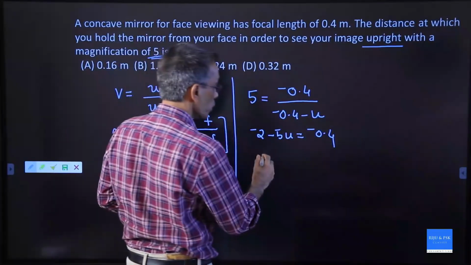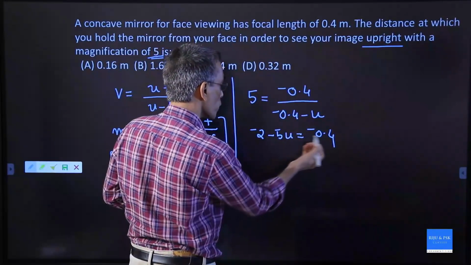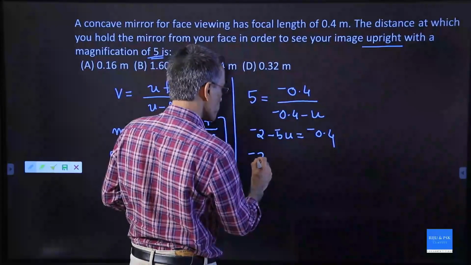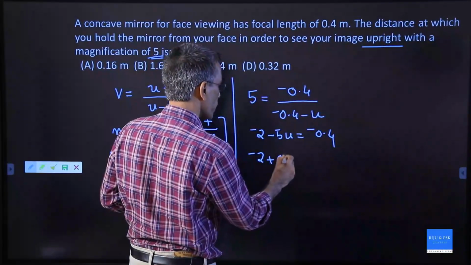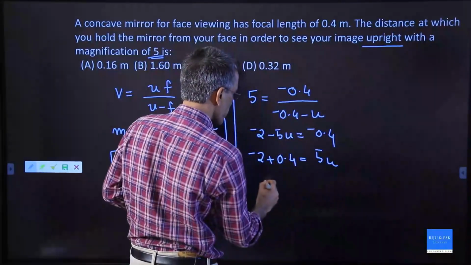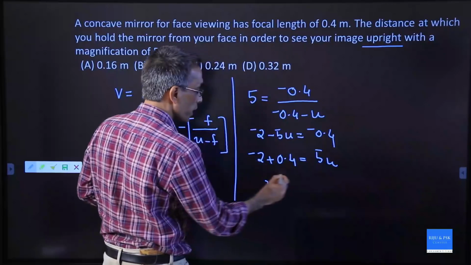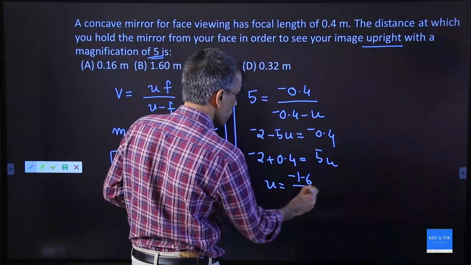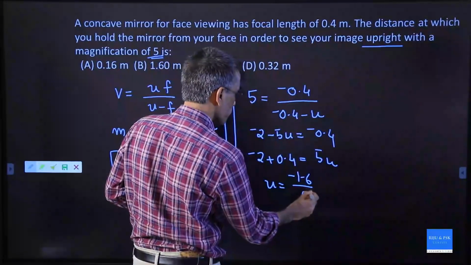You need to find u, so we will keep those terms to this side. So minus 2 plus 0.4 is equal to 5u. So u equals minus 1.6 divided by 5.